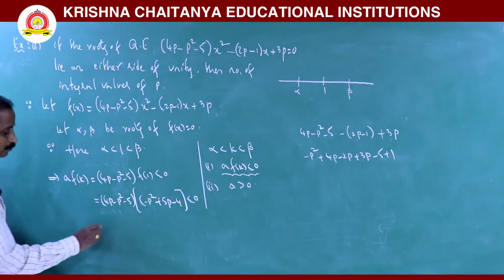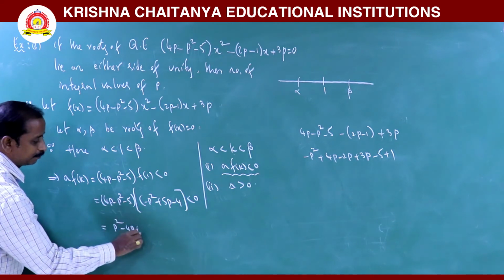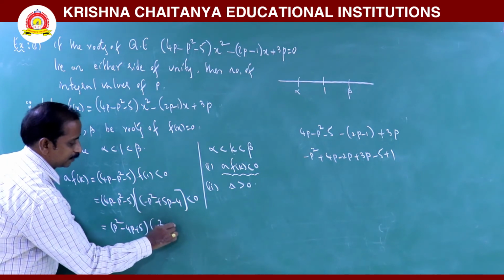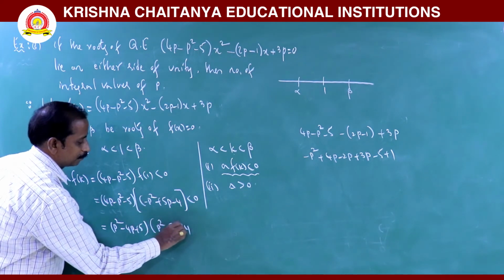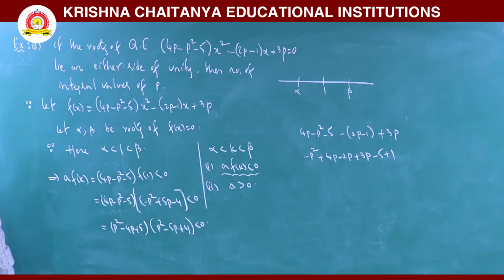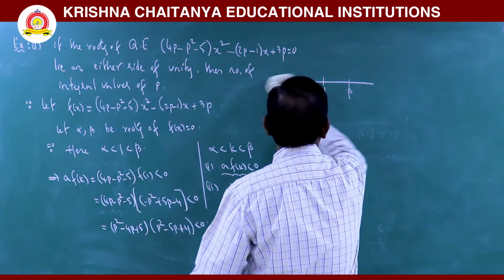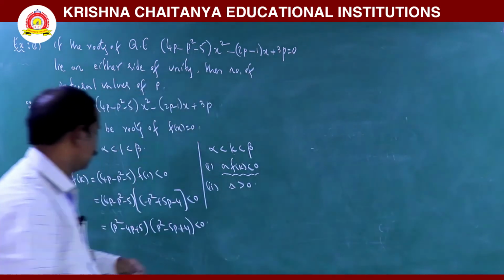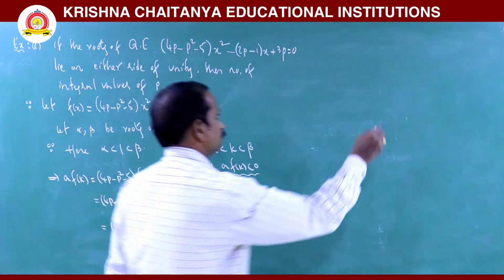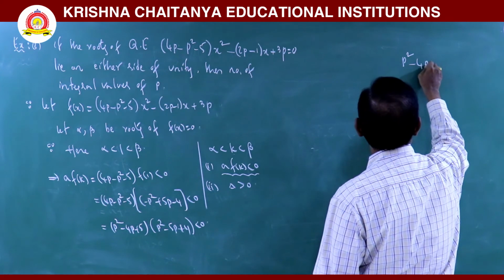It becomes p square minus 4p plus 5, and p square minus 5p plus 4, less than 0. Observe, it is indirectly (p square minus 4p plus 5) into (p square minus 5p plus 4) less than 0.